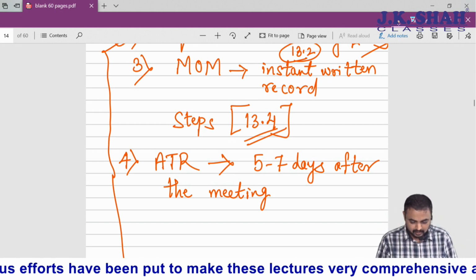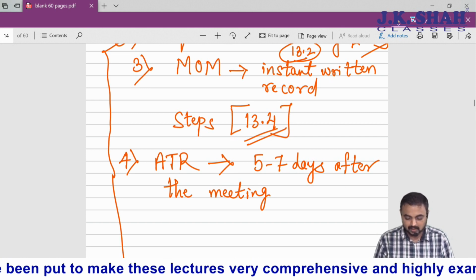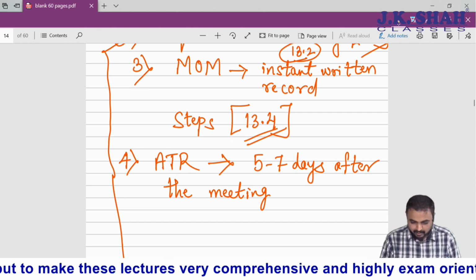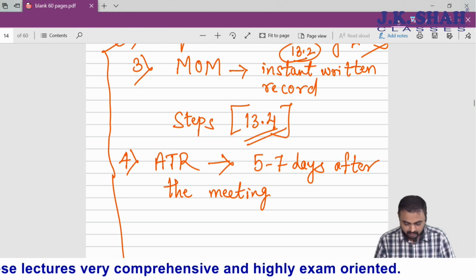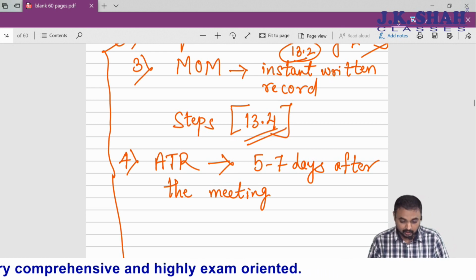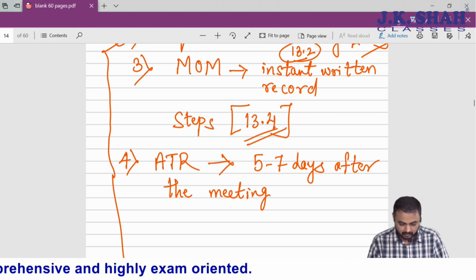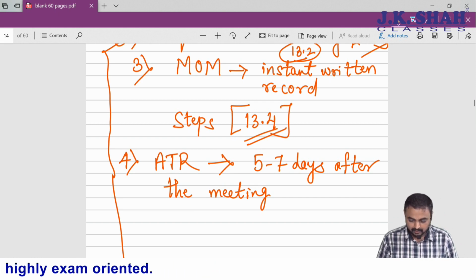The points that are given are pre-planning. Second, record taking at the meeting. Third, the minute writing process. Fourth, circulating the minutes of the meeting. And fifth, filing or storage of the meeting minutes. So MOM, that is minutes of the meeting, is nothing but instant written record of the meeting.